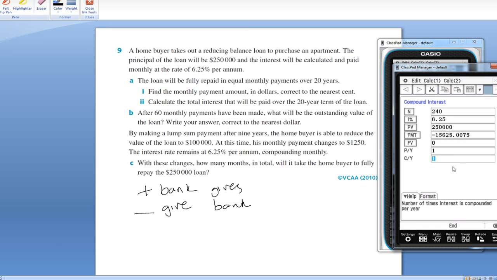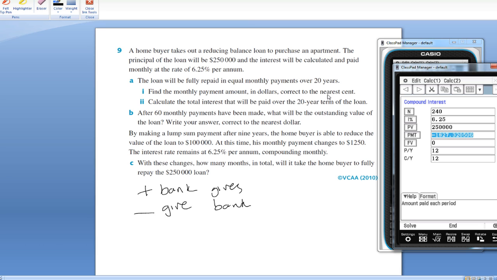Number of times interest is compounded a year, 12, and remember we're making 12 payments a year then. Okay, we're making monthly payments. So again, I'm happy to make an error on that, as long as you're not going and writing down that you are giving the bank $15,600 in repayments every month. Now let's re-click on that, and that's a much more reasonable $1,827.